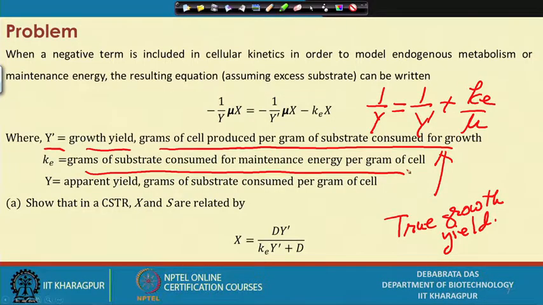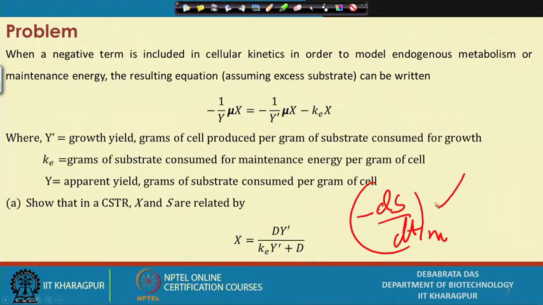Now, if the substrate is used only for the cell mass formation, then we call it true growth yield, and this remains constant for all organisms. Here, the rate of substrate consumption for the maintenance of the cells is always proportional to the concentration of the cell, because the more cells, the more maintenance energy requirement; the fewer cells, the less. So, minus dS/dt for maintenance should be proportional to the cell mass concentration, equal to m times x.